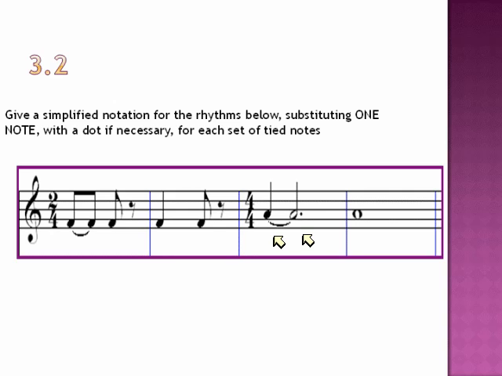So that is 1 beat plus 3 beats equals 4 beats.